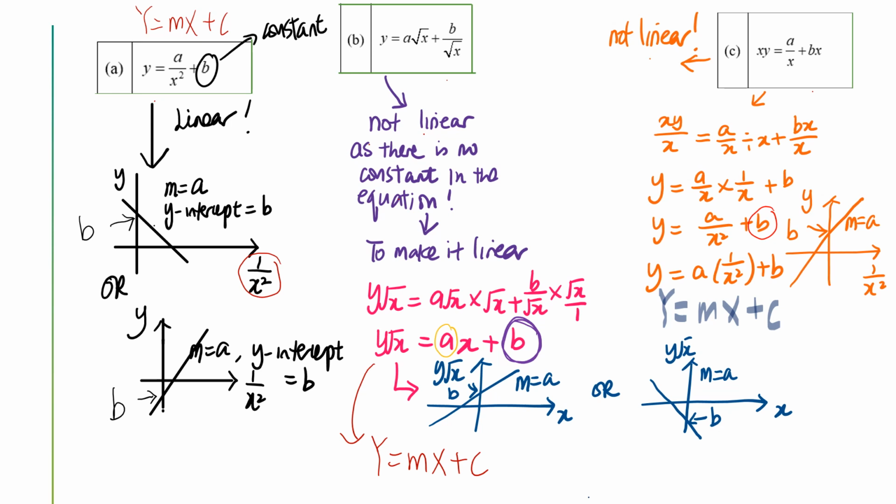So what you'll be labeling on the x-axis will be 1 over x squared. What you label on the y-axis will be the letter y. The gradient will be a, and the y-intercept value will be b.